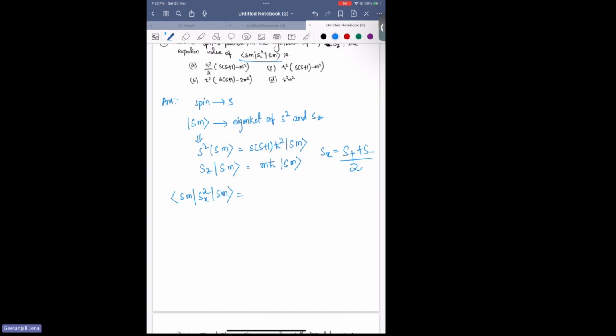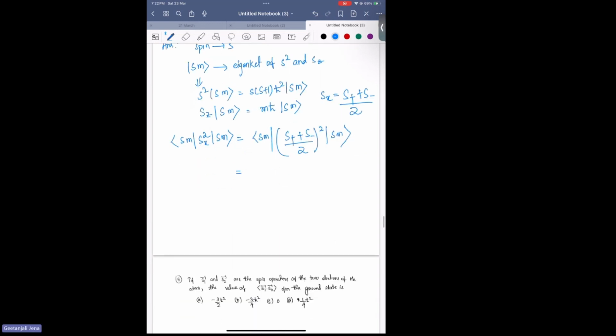So that means this is nothing but Sm, S plus plus S minus divided by 2 whole square, Sm. So you just have to solve the square of this Sx. So it will give S plus square plus S minus square, and there will be two terms, S plus S minus plus S minus S plus, divided by 4.